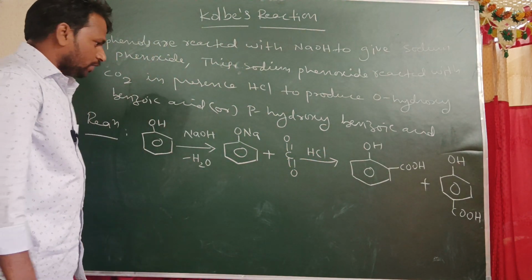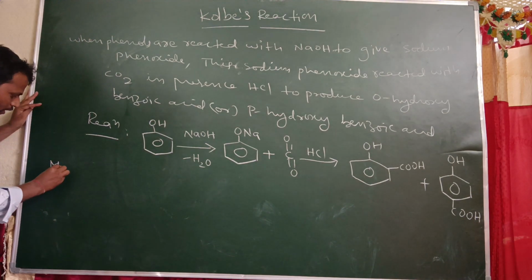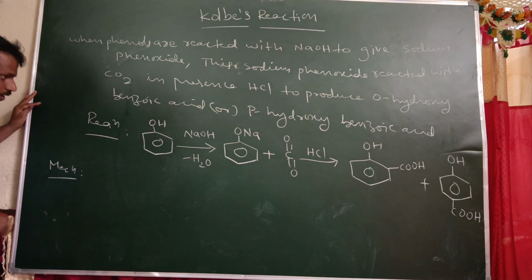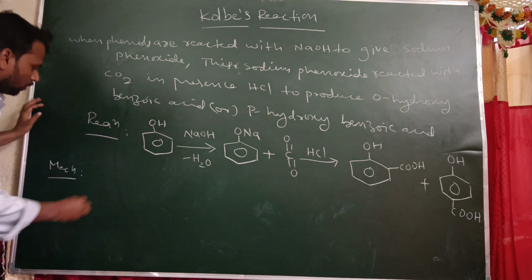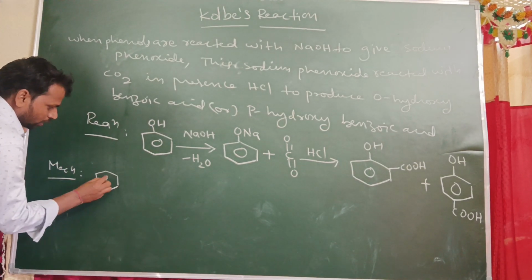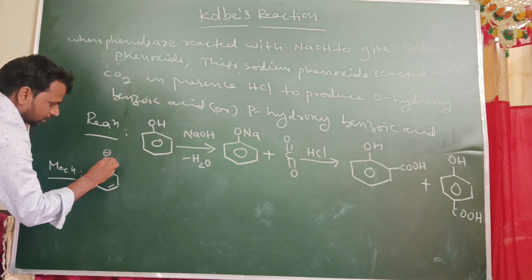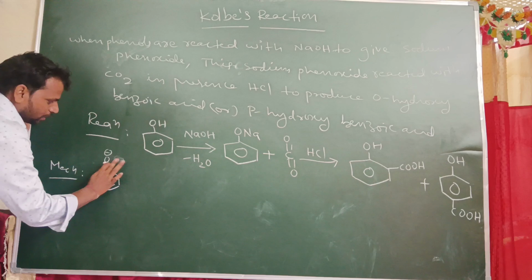So right now let me write the mechanism of this reaction. It is a simple mechanism. First of all, in sodium phenoxide there is O minus and Na plus. I am not writing Na plus here, only O minus.